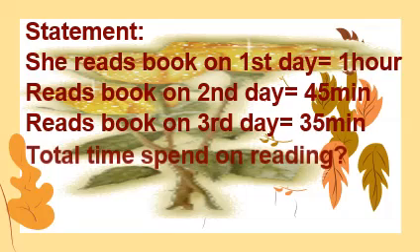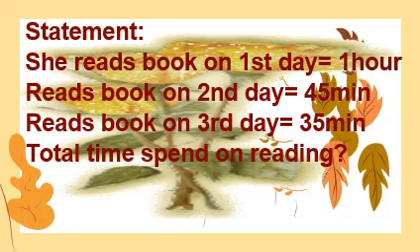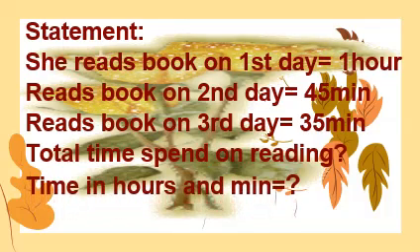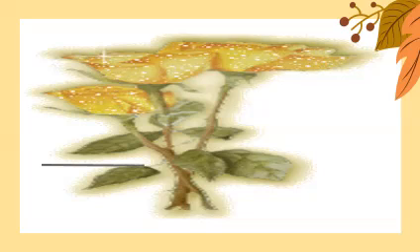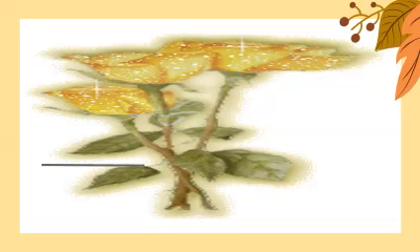Now the next statement is total time spent on reading is equal to question mark, means we have to find the total time she spent for reading, and then we will convert the time in hours and minutes. Now let's move to the solution of this problem.